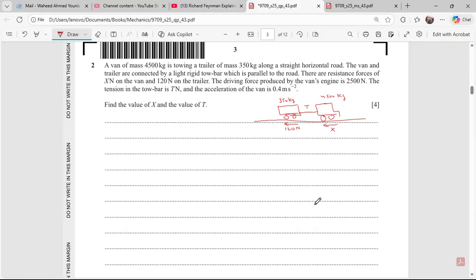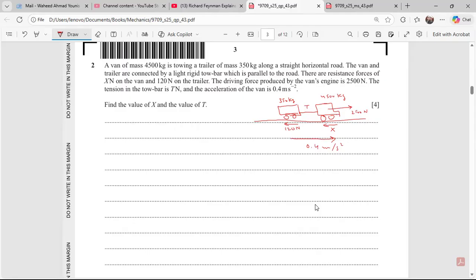The engine of the van is producing a force of 2,500 Newton, and the whole assembly has an acceleration of 0.4 meter per second square. So we need to calculate the tension and this resistance force on the van.